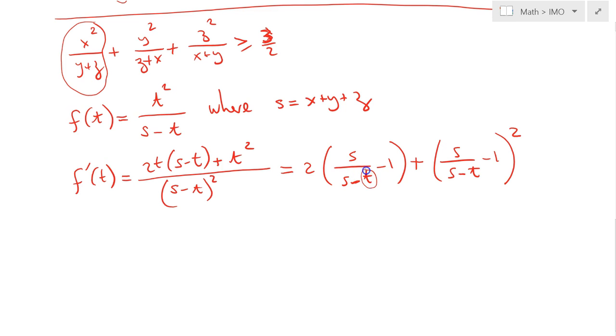Because if I increase t, the denominator gets smaller, and the numerator gets bigger, so the whole ratio increases. Therefore this function is an increasing function in t. So the second derivative is positive, and as a result you have a convex function.